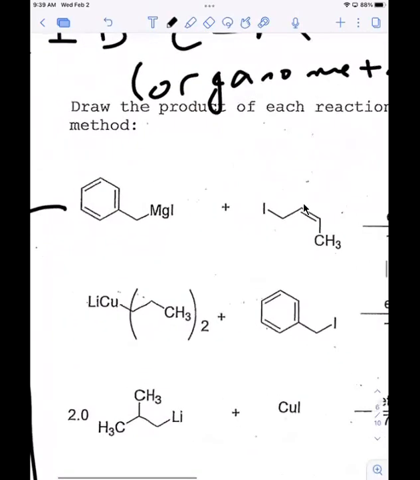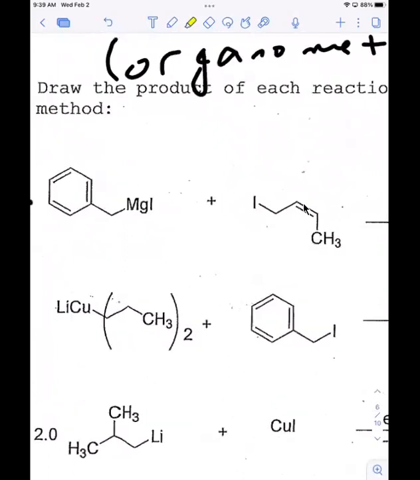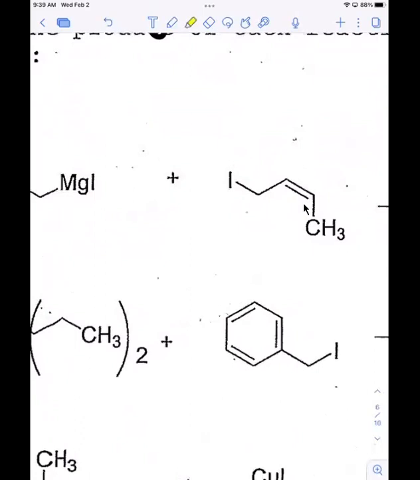All right, so let's look at that first example. Where is RX? Is it the second one? Yeah, if you want to identify RX, just look for the halogen or the leaving group.